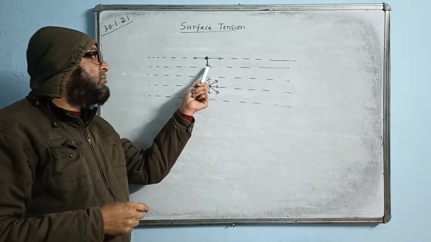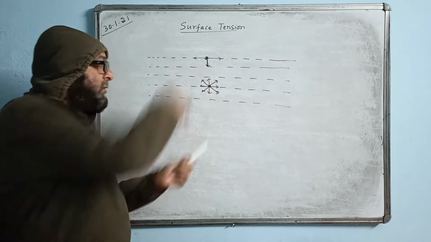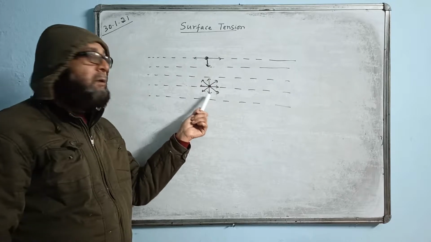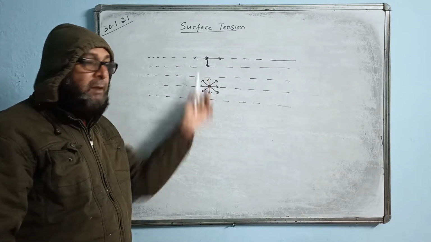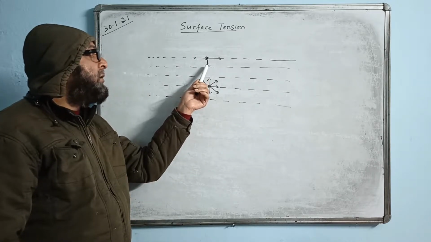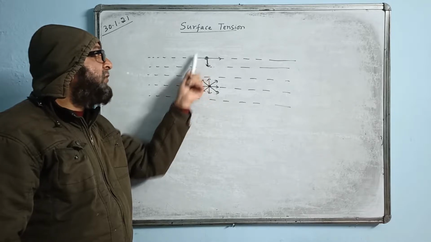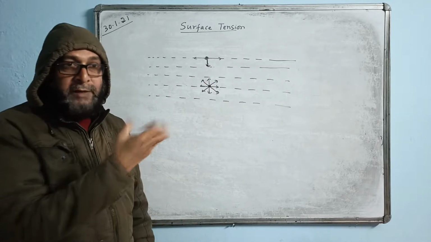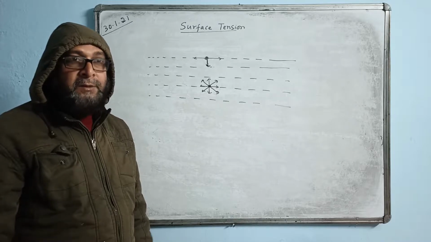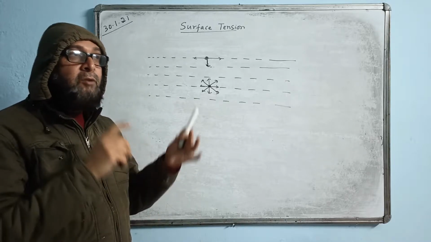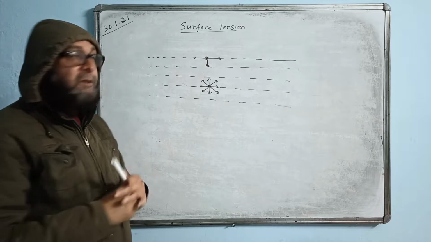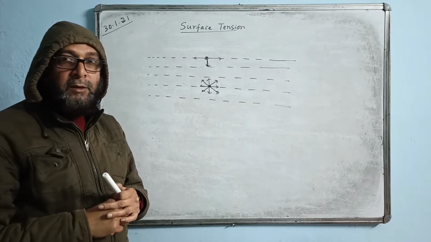So due to this force, which is acting downward towards the bulk of the liquid, towards the main volume of the liquid, this will cause the liquid surface to minimize in area, to contract in area. This tendency of minimizing or contracting in area is actually called surface tension.